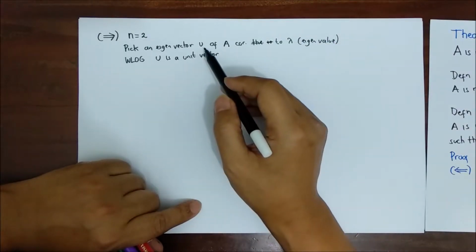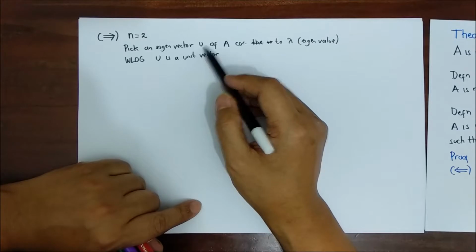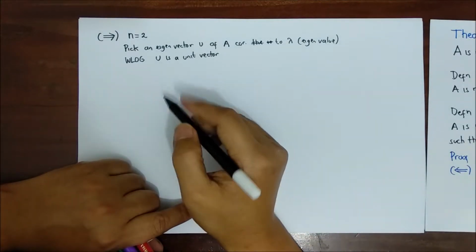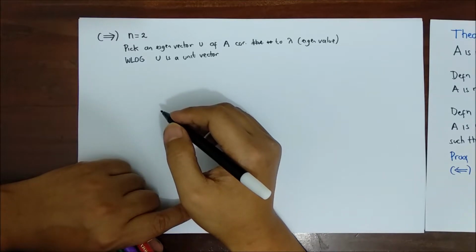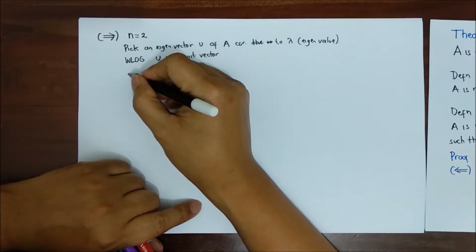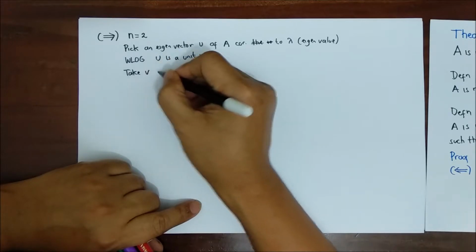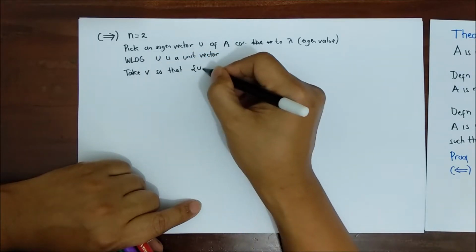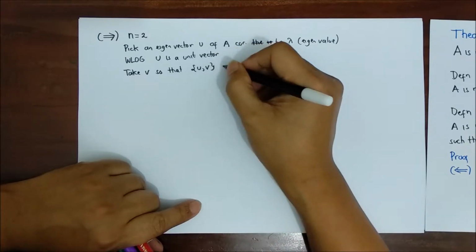So u is the eigenvector corresponding to lambda. And then we can extend this u, take v, so that u, v is an orthonormal basis.